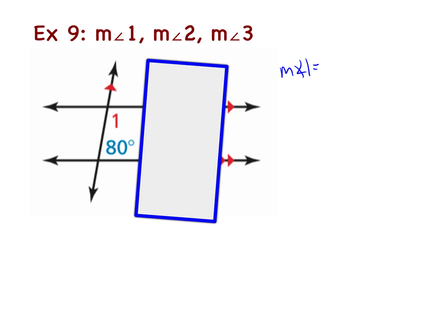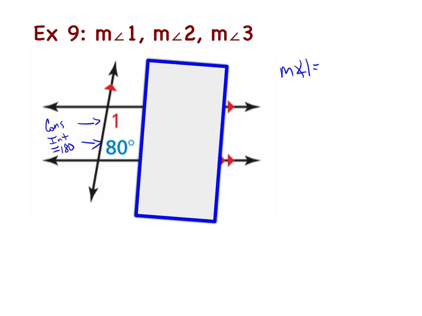What kind of angles are those? They're consecutive interior. Good. And when we look on the front of our foldable, consecutive interior does what? Congruent or equals 180? They equal 180.